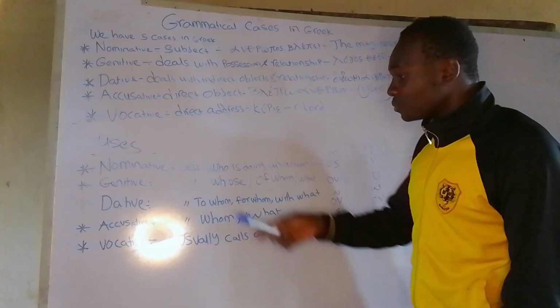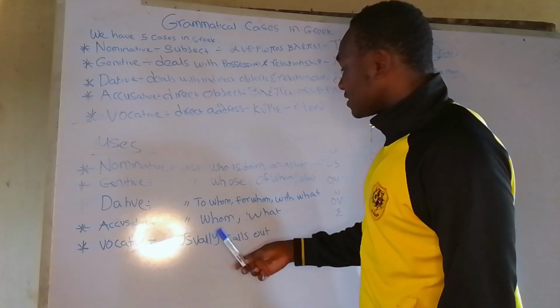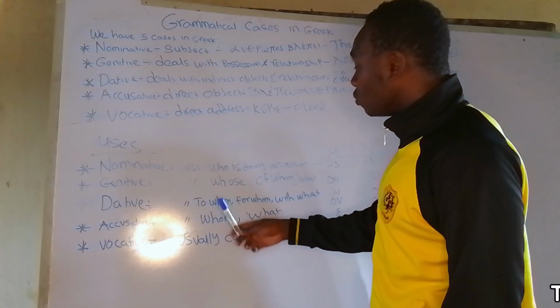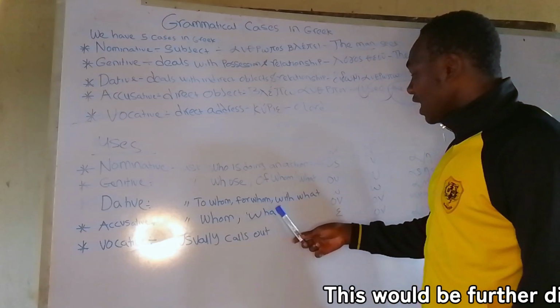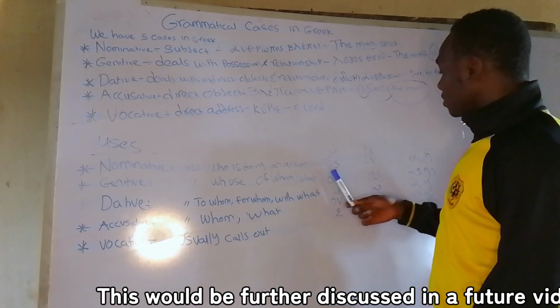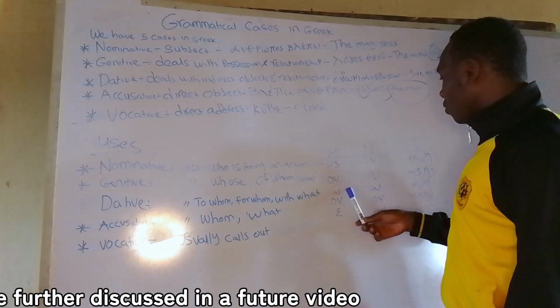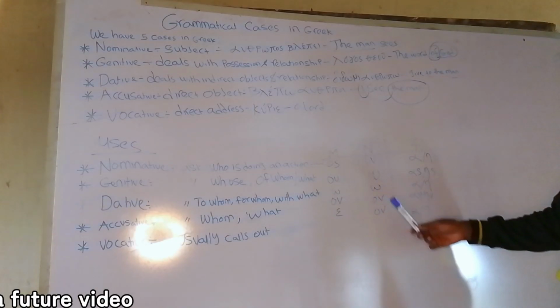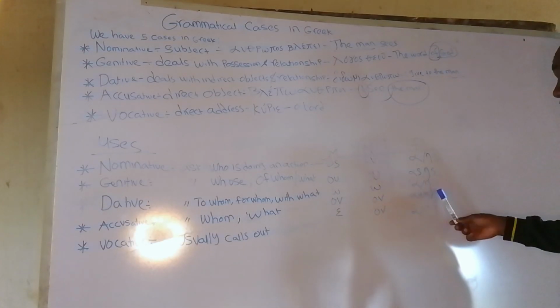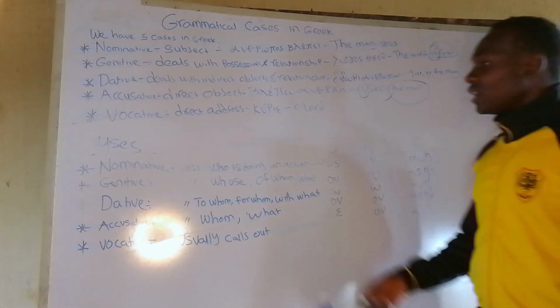Genitive deals with possession. Dative asks the question of to whom, for whom, and with whom. It has the following ending: o for masculine, o for neuter, a or e for feminine.